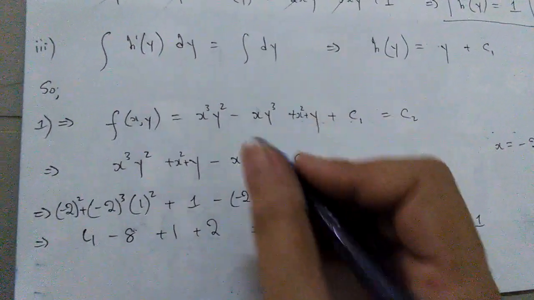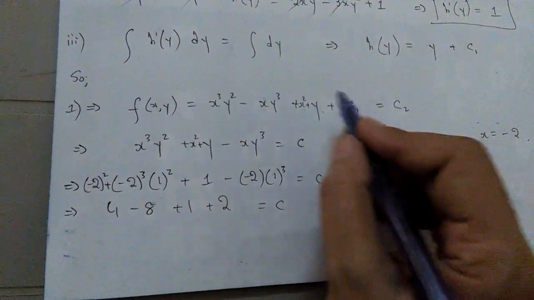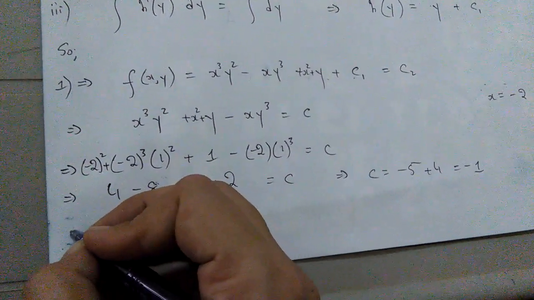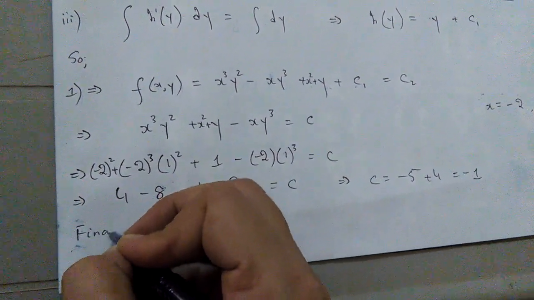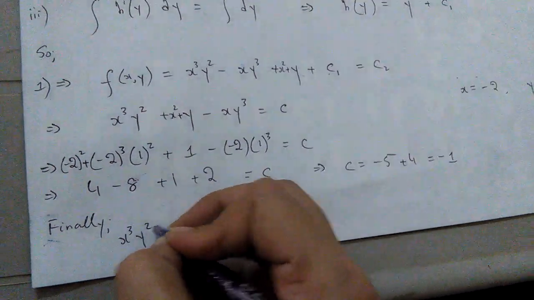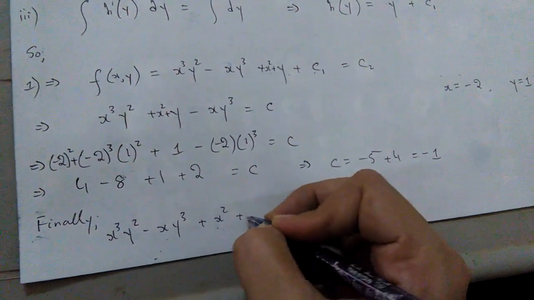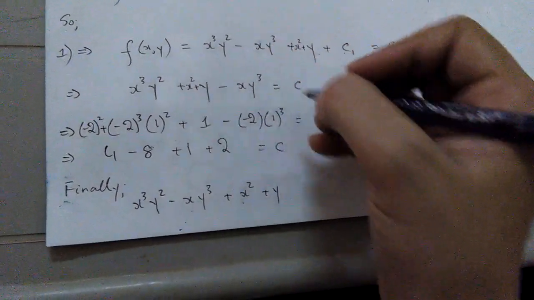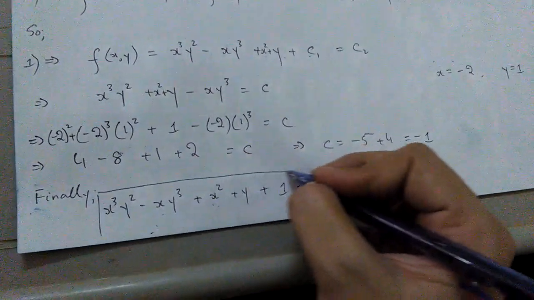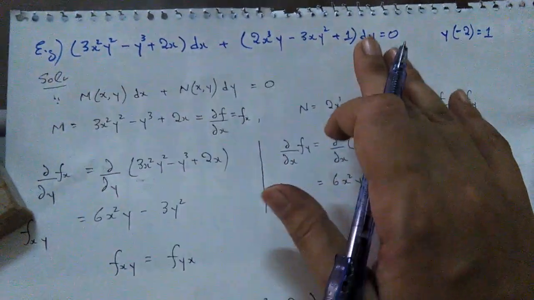Once I substitute the value of c, that's minus 1, it moves over here and becomes plus 1. So my equation x cubed y squared minus xy cubed plus x squared plus y equals minus 1, so I will move it over here, and this is it. So this is the function of this exact differential equation.